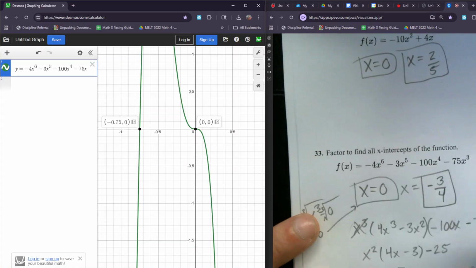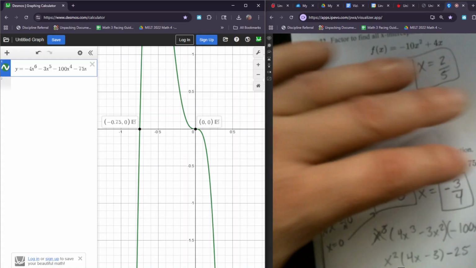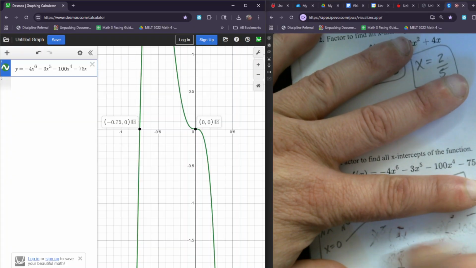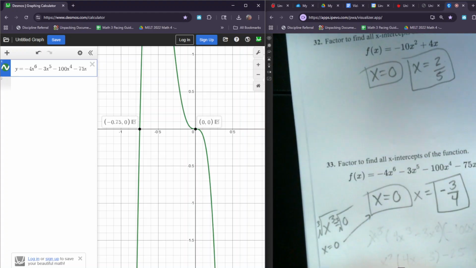Wait a minute, I got a negative. Let's see. I should have maybe took a negative out. Yeah, I see where I messed up. Let me go back up here for a second. I should have took a negative x cubed out instead, because my leading term was negative.